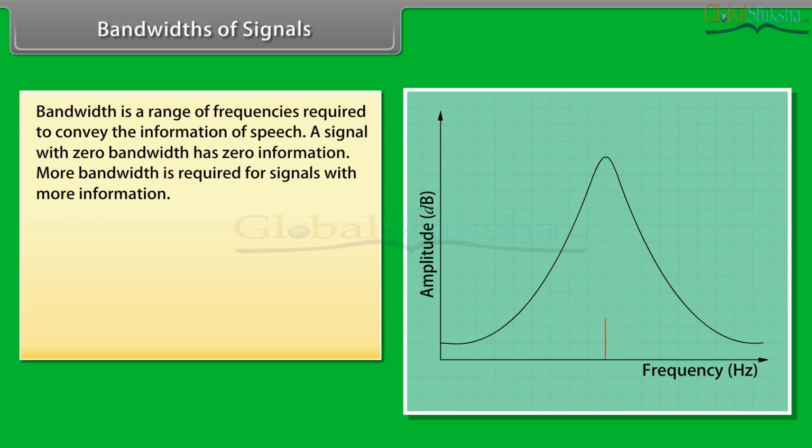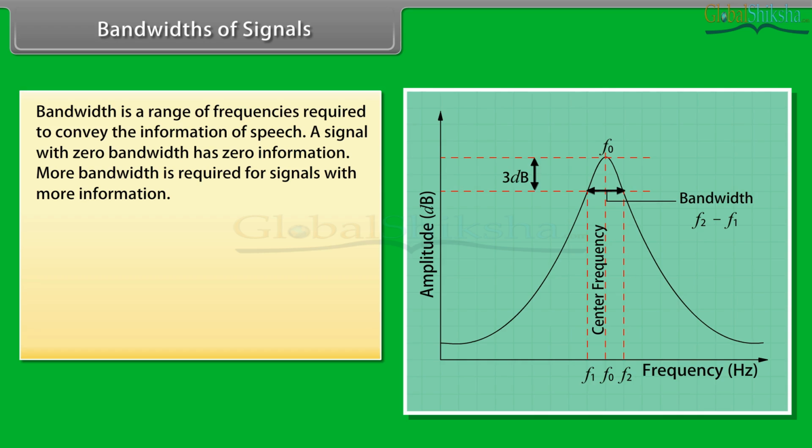Bandwidth of signals. Bandwidth is a range of frequencies required to convey the information of speech. A signal with zero bandwidth has zero information. More bandwidth is required for signals with more information. A signal has a bandwidth B if it contains a range of frequencies.